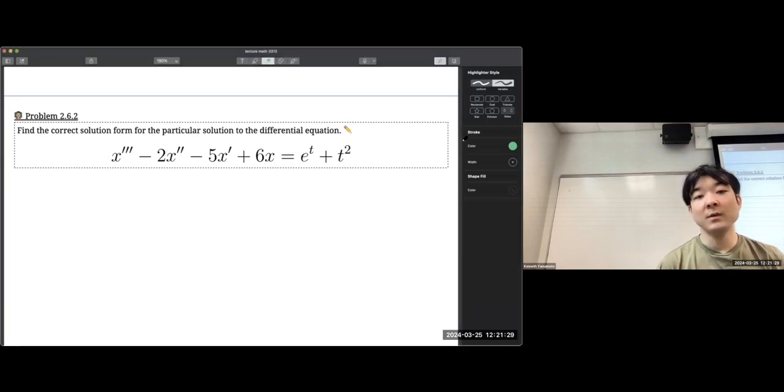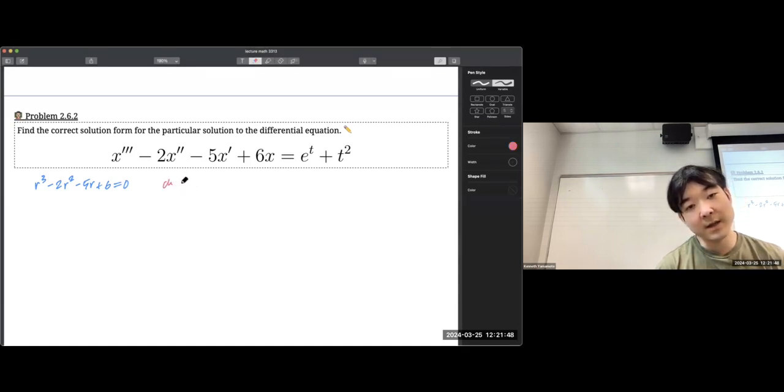This one, the homogeneous problem we haven't done before, so the characteristic equation is r cubed minus 2r squared minus 5r plus 6 equals 0. And then I'm going to check if r equals 1, like last time, was a root.